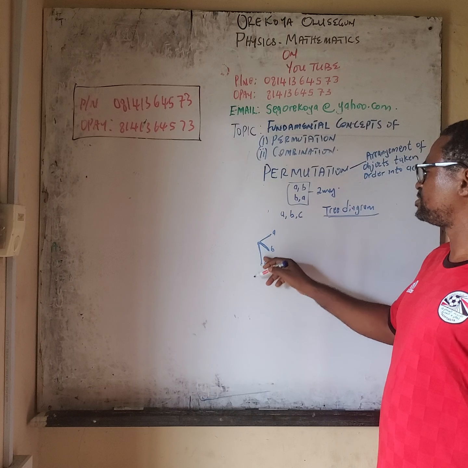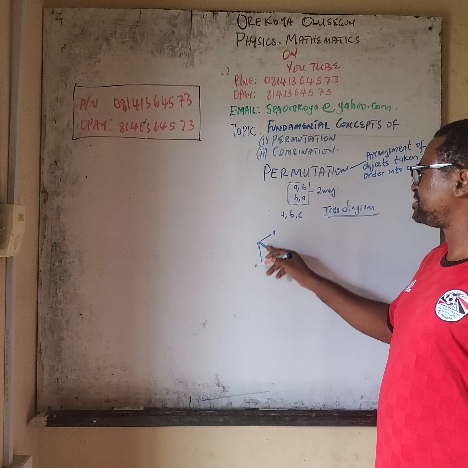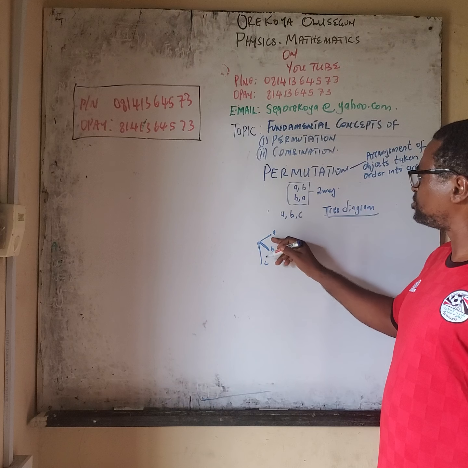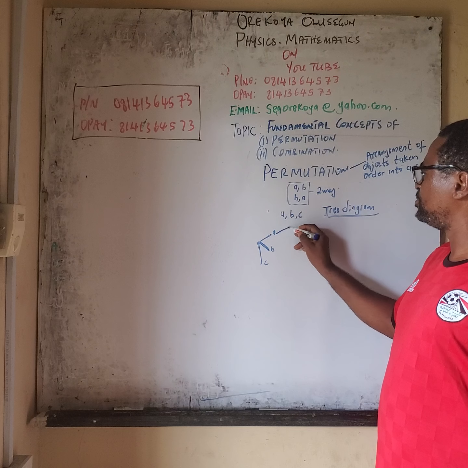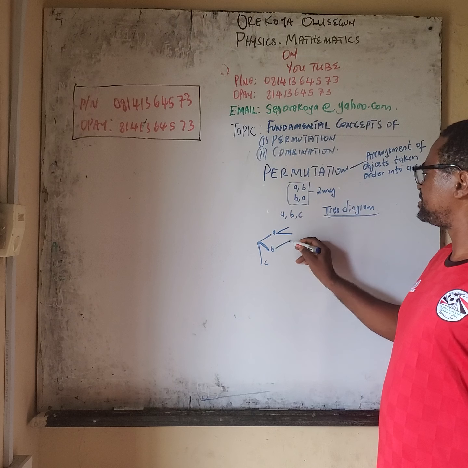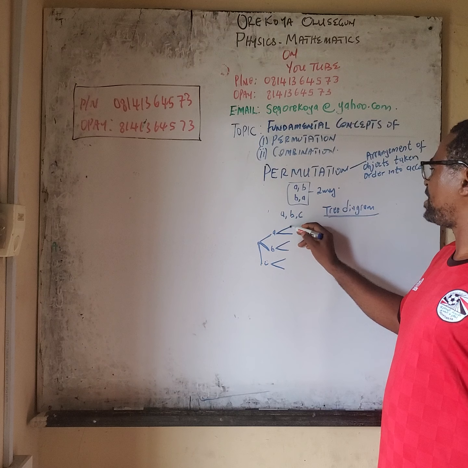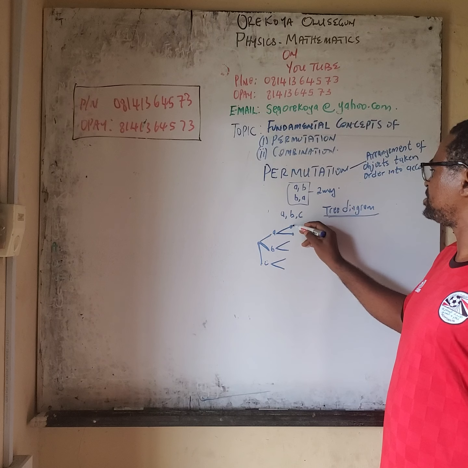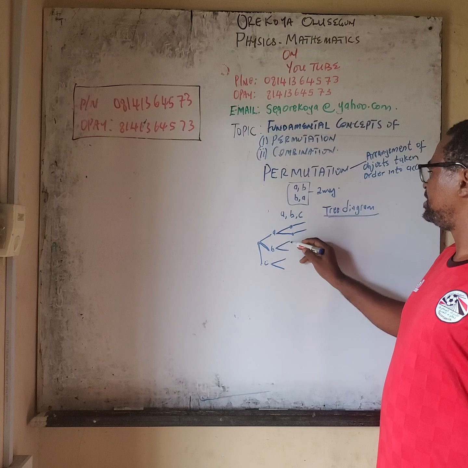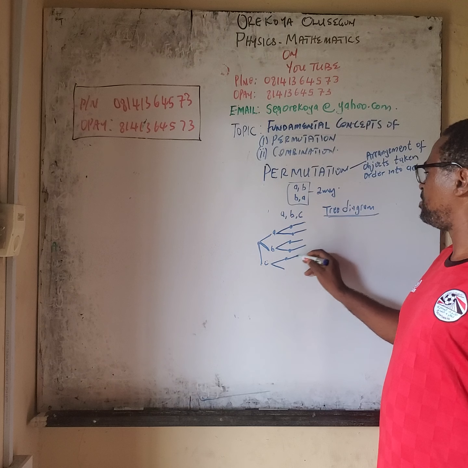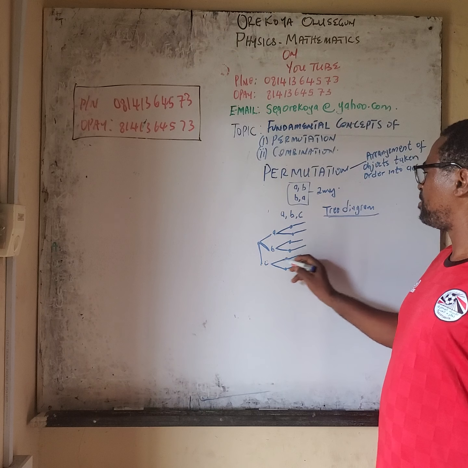You can see that you have three branches here. When we want to do the second one, we are going to have two branches each. Then after that, we are going to have just one branch each.